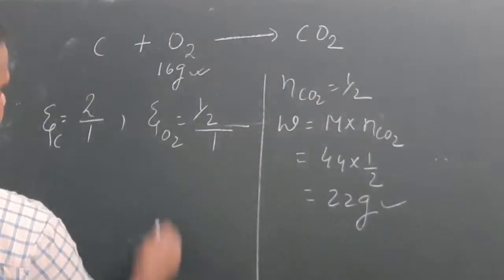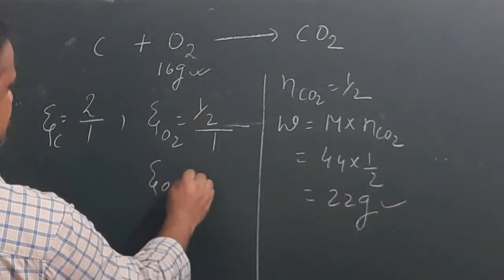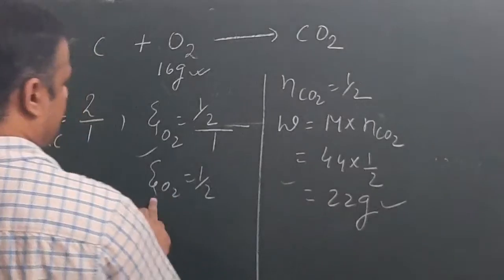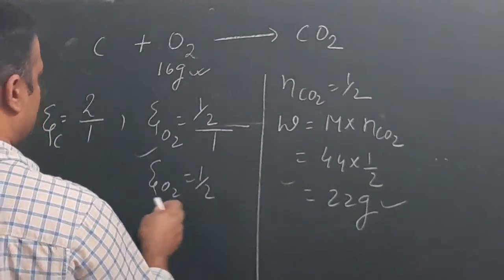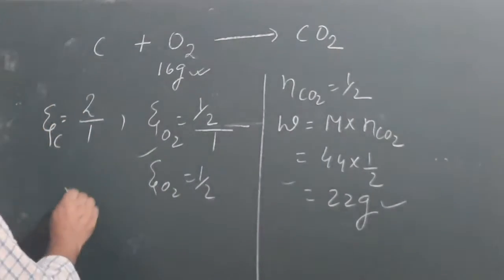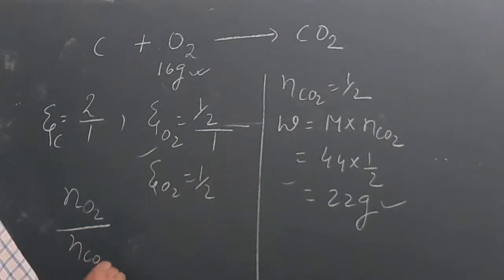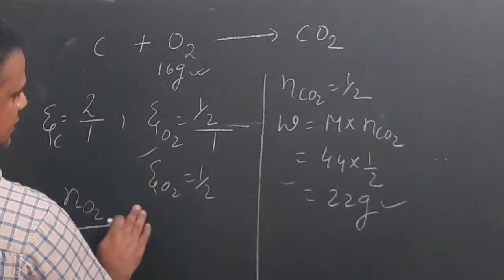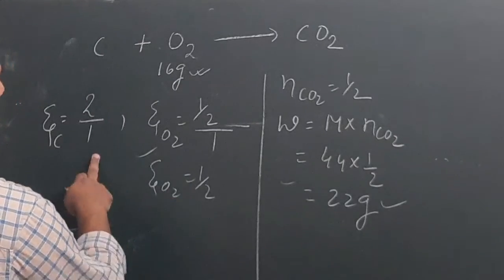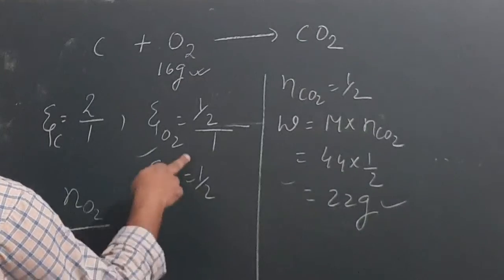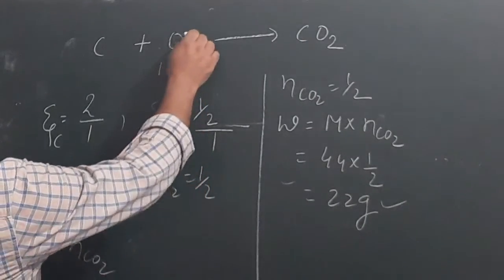So the extent of reaction of oxygen is less than carbon, so the same calculation will be here as that of the previous one. Then we'll apply the molar ratio of O2 to CO2. As the extent of reaction of oxygen is lesser than carbon, oxygen is our limiting reagent, and so all the calculation will be made in relation with O2.